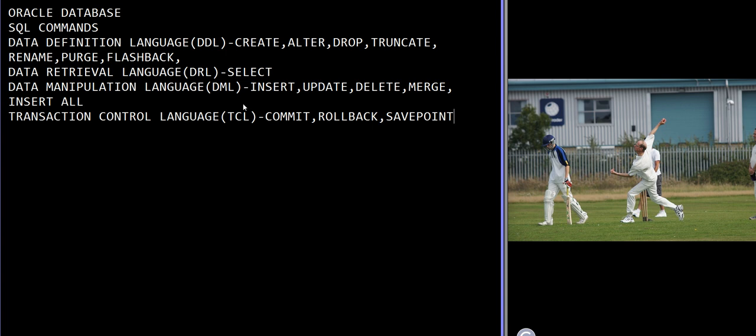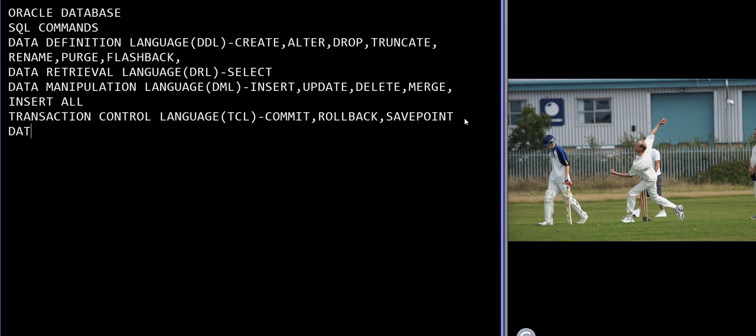This will be used to control the transactions of the command, TCL commands. This will mostly be used in databases like banking databases and more. We can see these examples: commit, rollback, and savepoint.